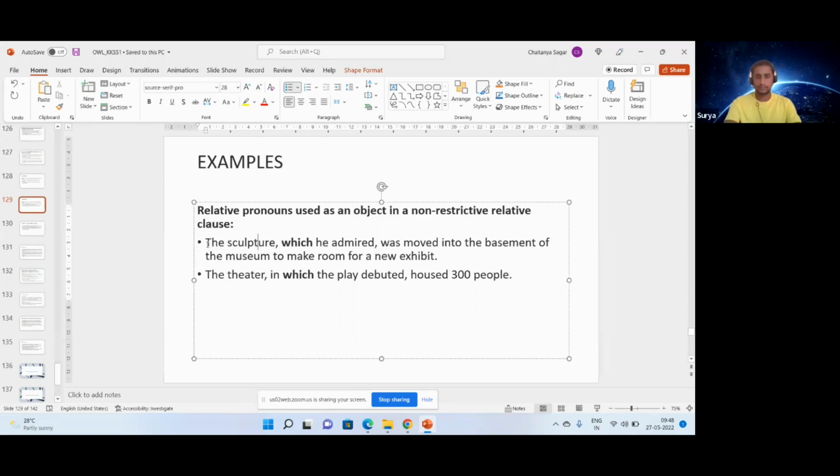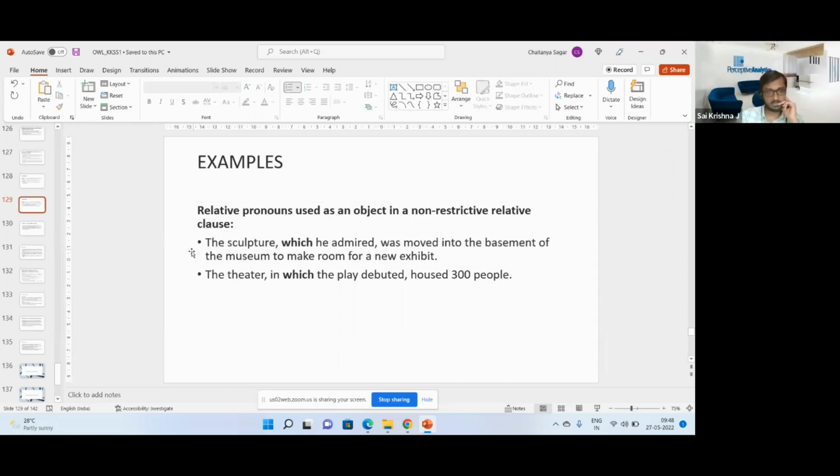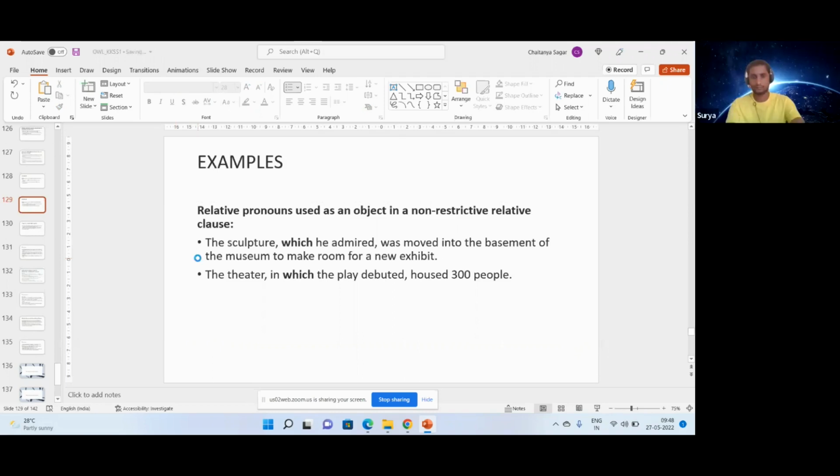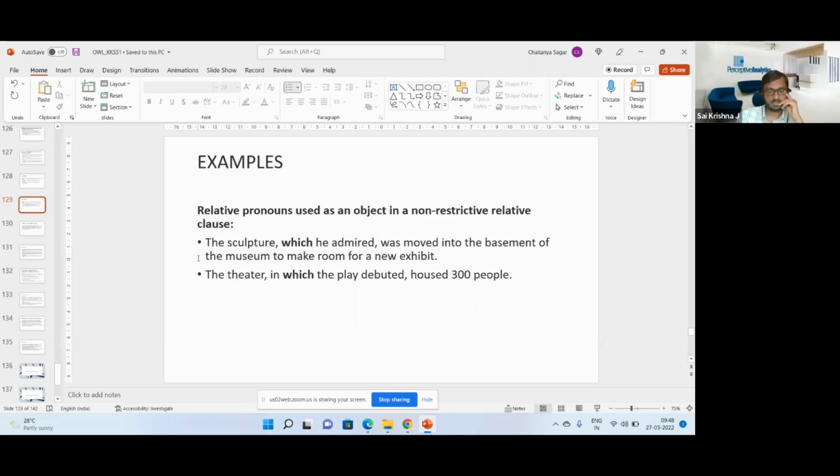So is it the sculpture only that is the subject, or is it the sculpture and which he admired together that becomes the subject? The sculpture is the subject, which he admired is an adjunct, was moved is the verb. Okay. The into the basement is, I don't know, call it a complement or something. Not sure of the exact terminology.